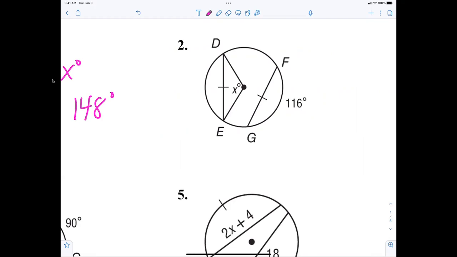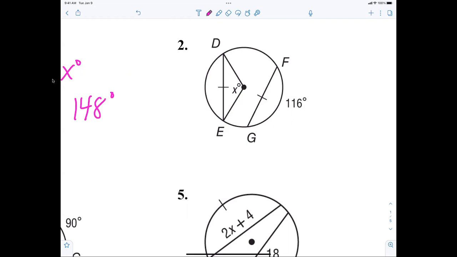Let's come over here. Everybody write down what they think X is for number 2. That one doesn't require a calculator, I don't think. What is X? How many degrees? Anybody?